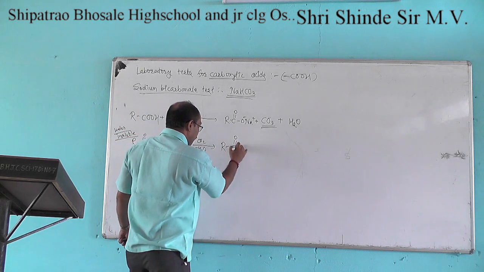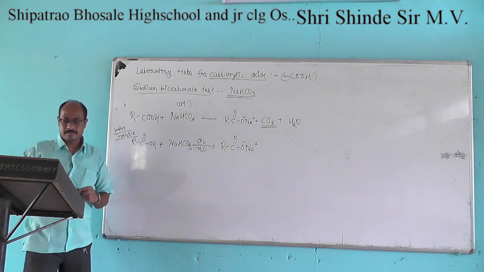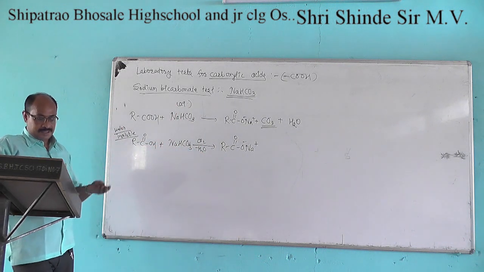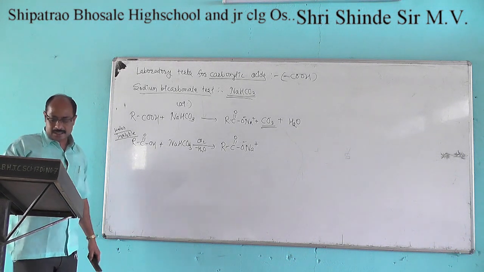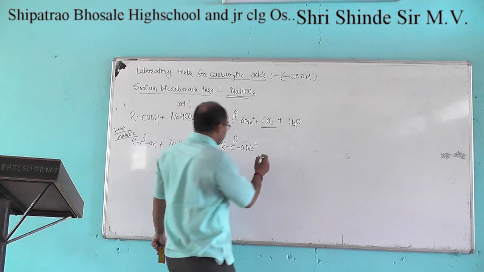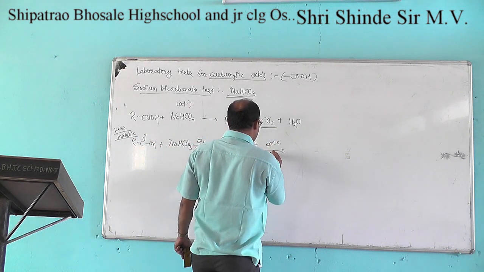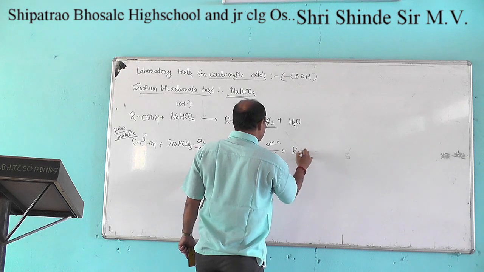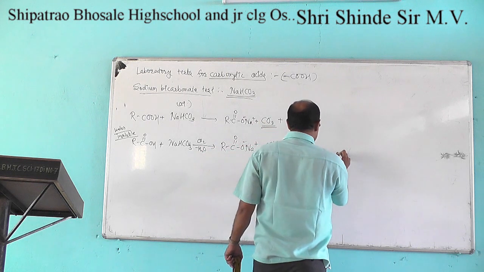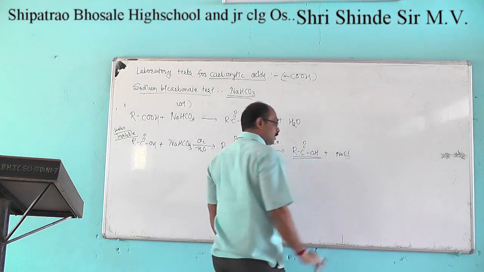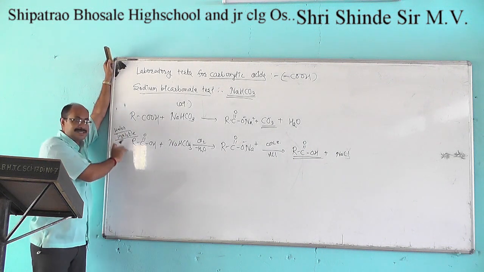Further, the prepared salt of the carboxylic acid solution gives a precipitate of the corresponding compound on acidification with concentrated hydrochloric acid. It gives us the precipitate, the purity of the corresponding compound. This was the laboratory test for the confirmation of the carboxylic acid group.